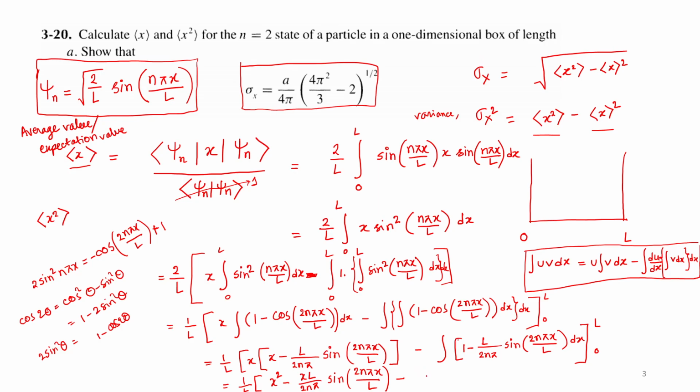So this will come as x, then minus is still there and minus is here, so it will be plus L by 2n pi, but I'll have to do integration of this sine, and there is 2n pi by L still inside, so I'll get some constant like this, L square by 2n pi, multiplied again by this, and integration of sine will give me minus cos 2n pi x by L, and the whole thing under the limits L to 0.